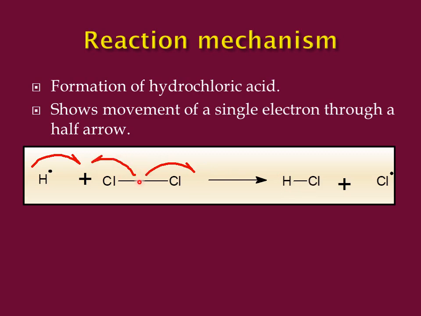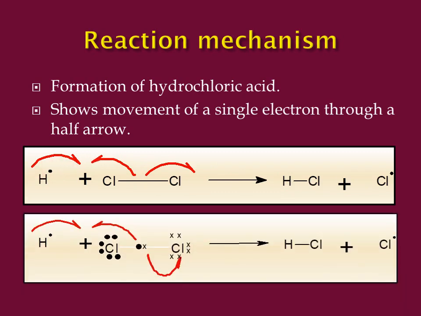Now let us look at the Lewis structures. This is a hydrogen having a single electron. This is a pair of electrons showing the bond between these 2 chlorine atoms. Now you will see that one of the electrons is going to move over here, generating a chlorine radical, which is going to make a bond with this hydrogen radical.